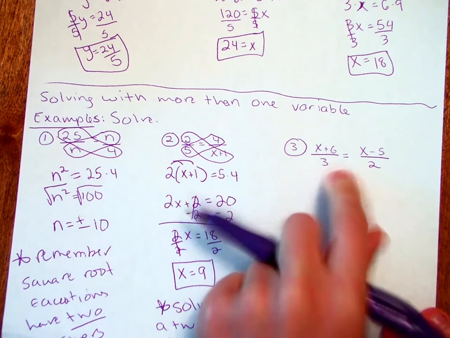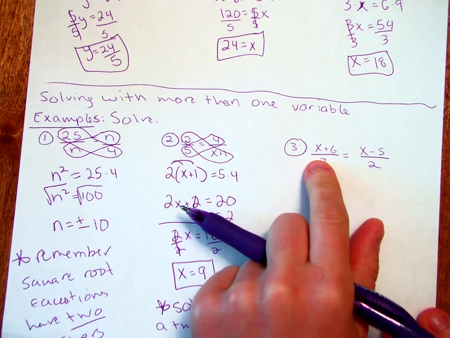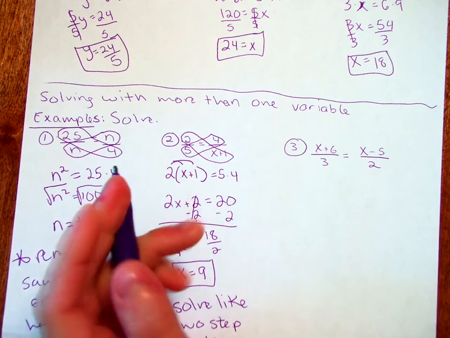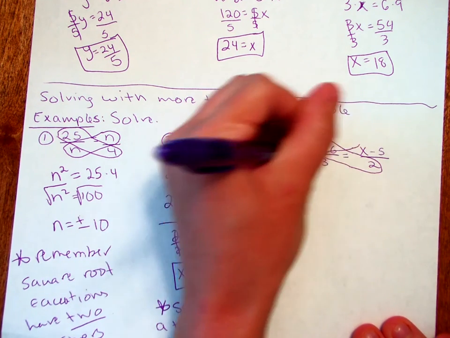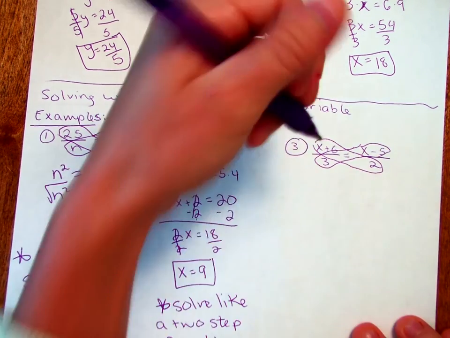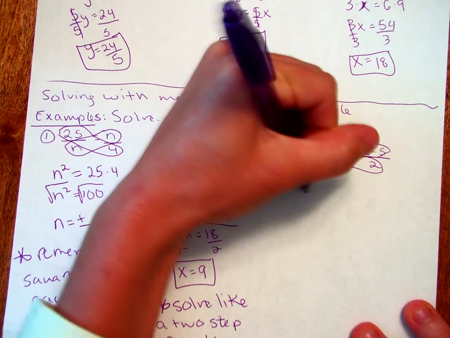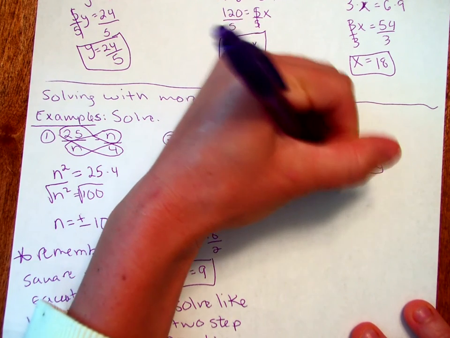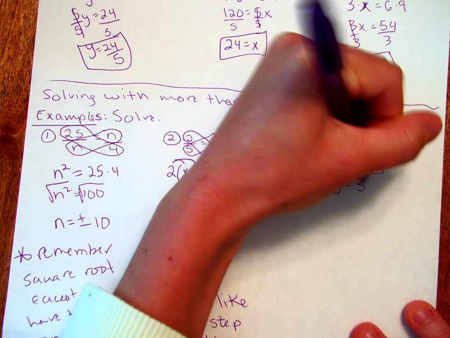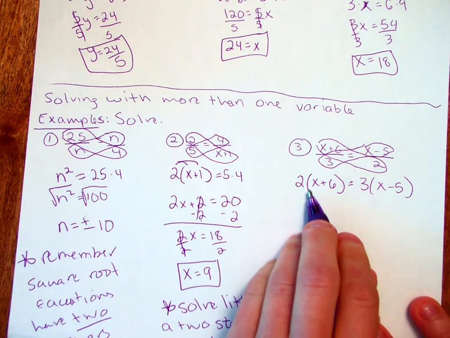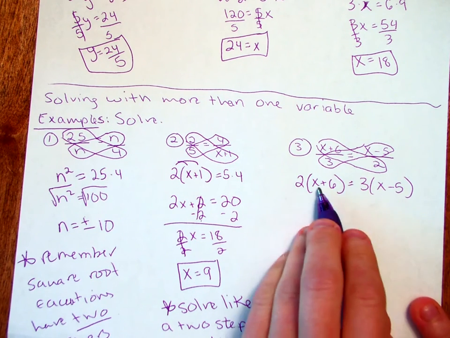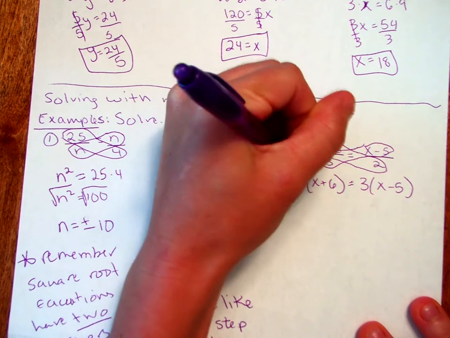All right, so the last one's definitely the trickiest, I think, for most of you, because you are left with two expressions on the top and the bottom. So you have 2 parentheses x plus 6 equals 3 parentheses x minus 5. So now you're distributing on both sides of the equal sign. You have variables on both sides of the equal sign.